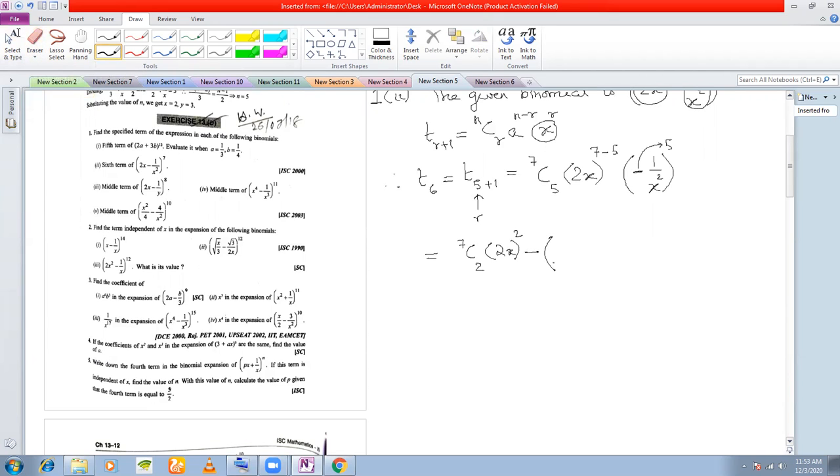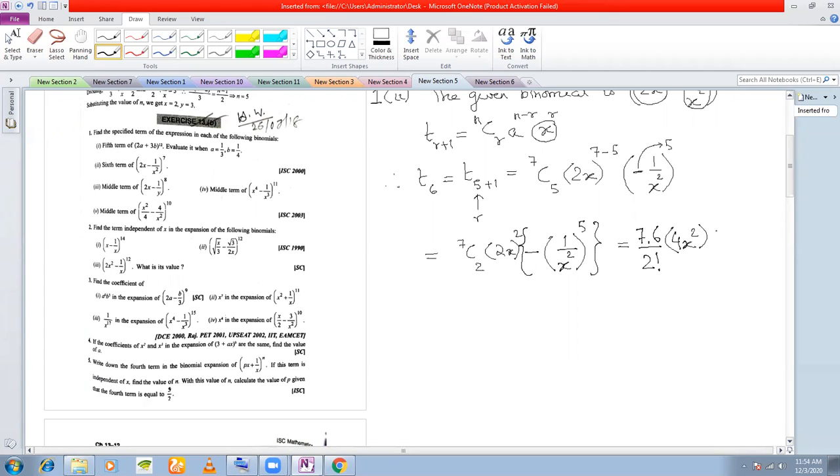Minus. And then you have 1 by x square to the power of 5. Right? So now the value of 7C2 is 7 into 6 by factorial 2. 2x whole square is 4x square.